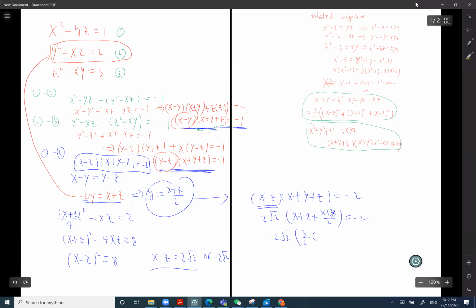Three over 2, x plus z. Negative 2. X plus z just equals negative root 2 over 3. Rearrange, or just root 2 over 3.